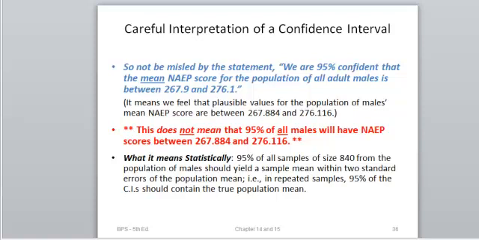That doesn't mean that 95% of all males will have a NAEP score between 267.9 and 276.1. What it means is that 95% of all samples of size 840 from the population of males should yield a sample mean within 2 standard deviations of the population mean. That is, in repeated samples, 95% of the confidence intervals should contain the population mean.